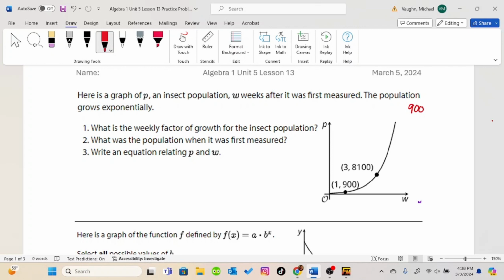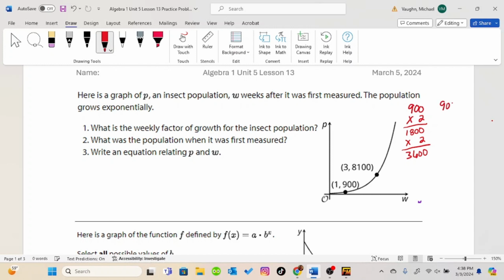Obviously multiplying by 1 each time doesn't change the number. So let's try 2. If we multiply by 2, this becomes 1,800. And if we multiply by 2 again, this becomes 3,600. So 2 is not high enough.